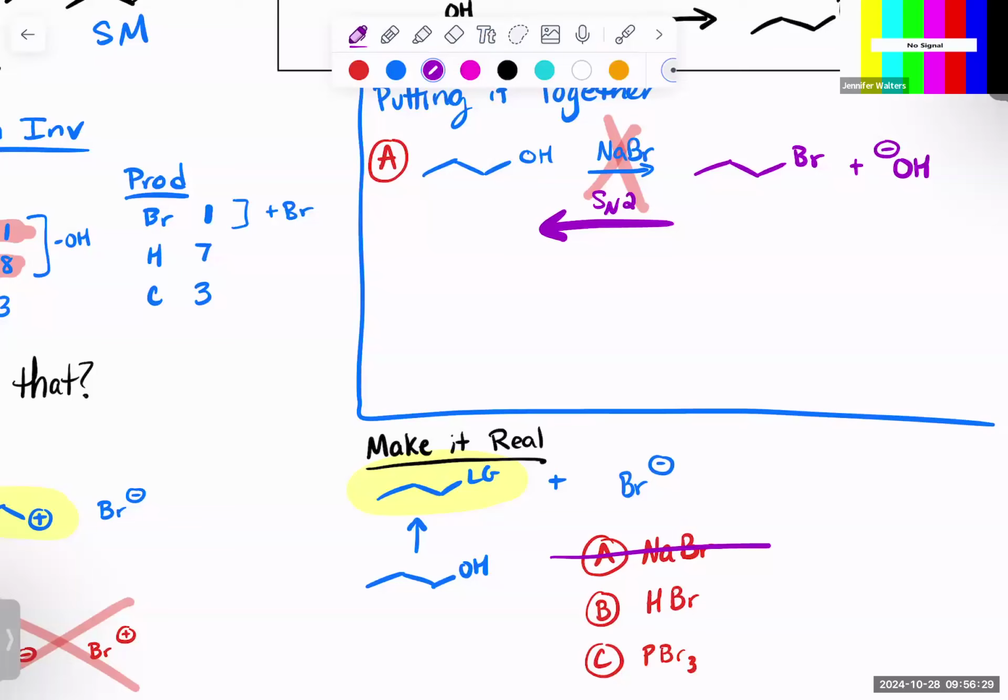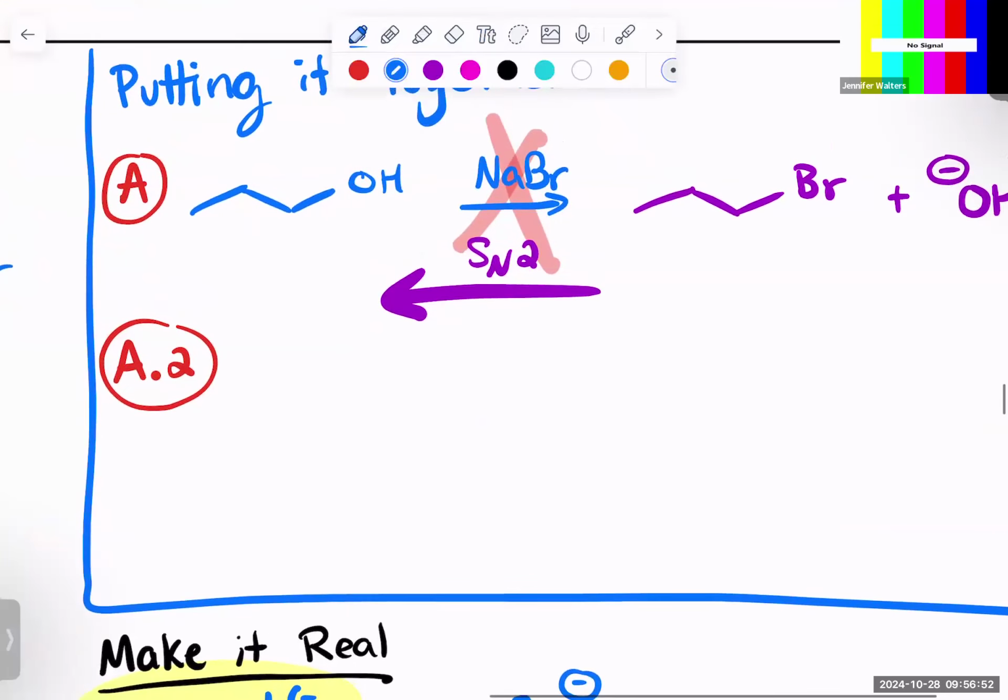Maybe I'm really glued on sodium bromide. Maybe I can't think of any other reagent than sodium bromide. So then an alternative, we'll say A.2. I'm really stuck on sodium bromide. What could I do to that alcohol in order to make it a better leaving group? We could protonate it, but we can't do that with sodium bromide.